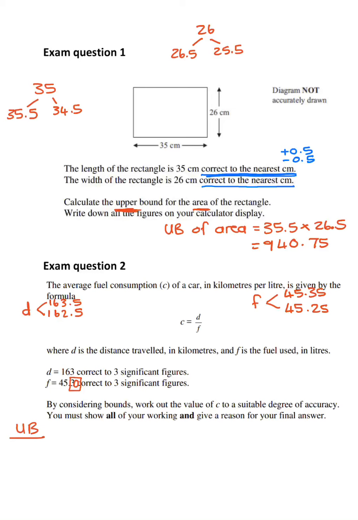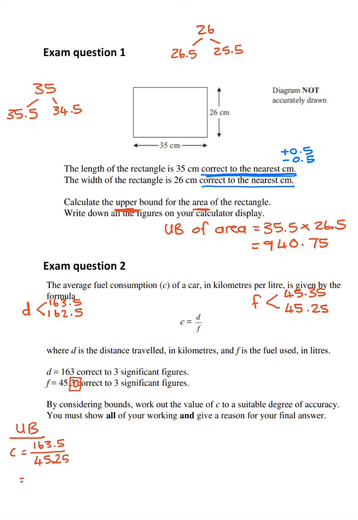So my biggest possible value of D is 163.5. And if I divide that by the smallest possible F value, 45.25, that will give me, and I'm going to write down more digits rather than just round it straight away.